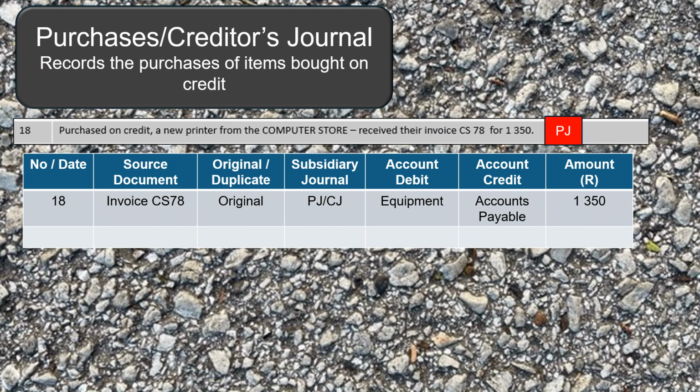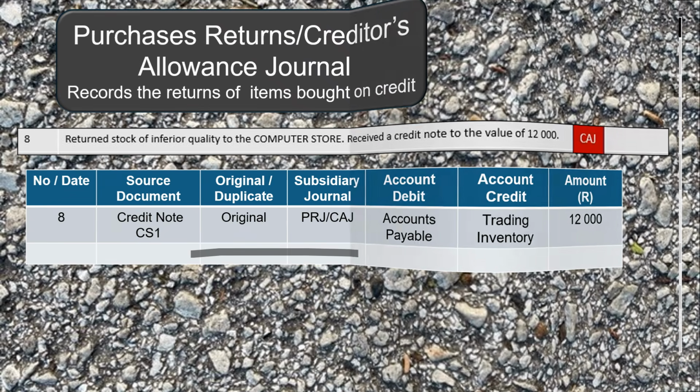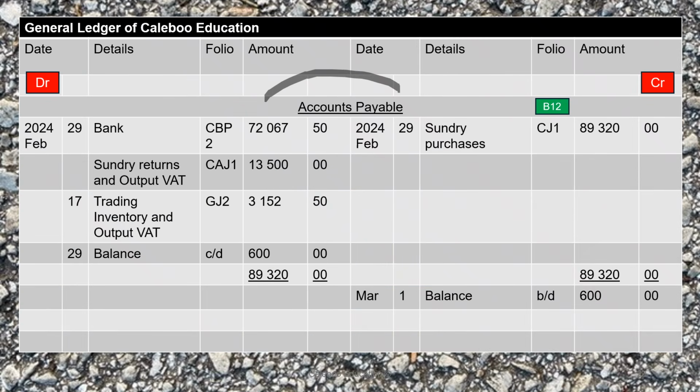And then the purchases creditors journal for items we've bought on credit, and then returns if we return goods on credit. The information we recorded first of all in a table, and we took that information to the general ledger account, accounts payable.